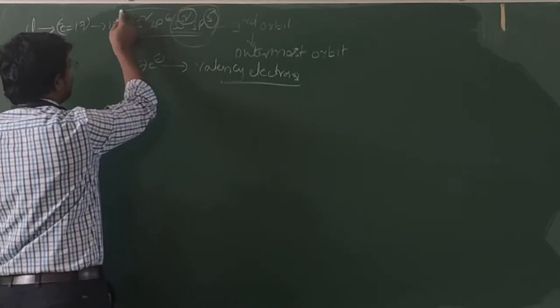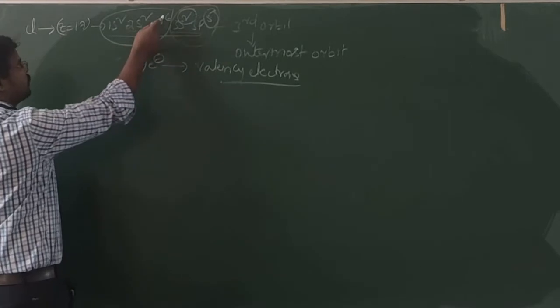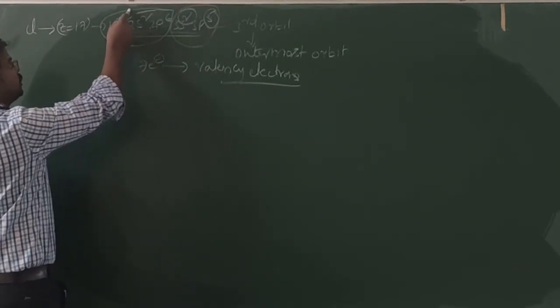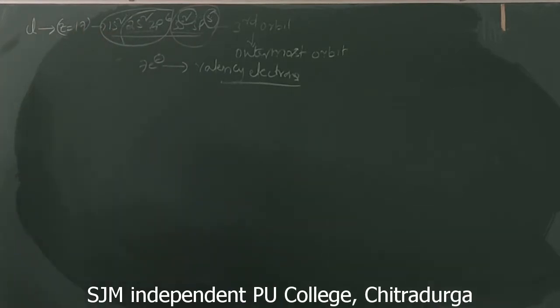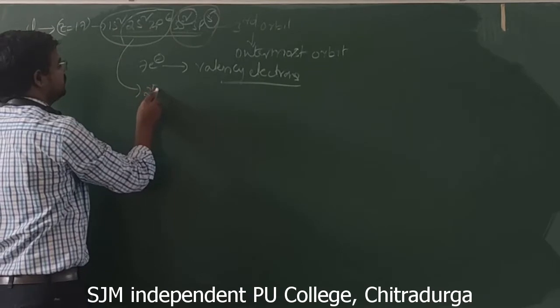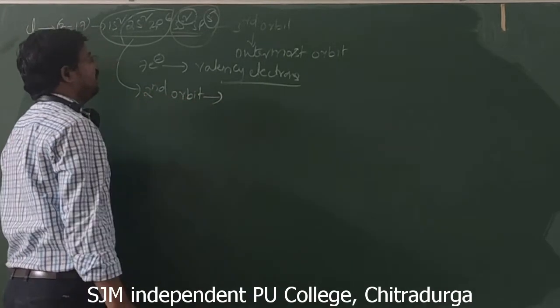Then what about the remaining 10 electrons? Of the total 17, 8 electrons are present in the second orbit and 2 electrons are present in the first orbit. The second orbit is named as inner orbit.